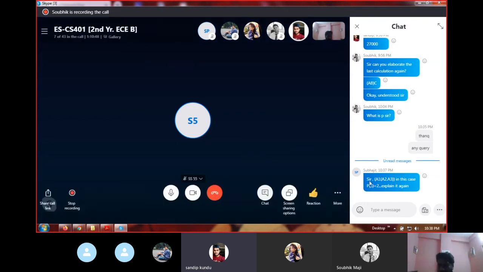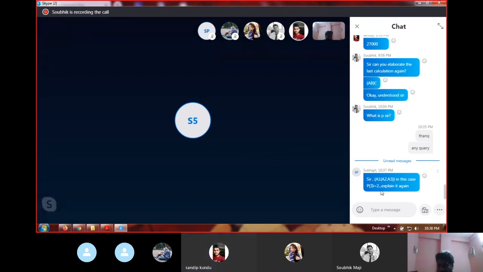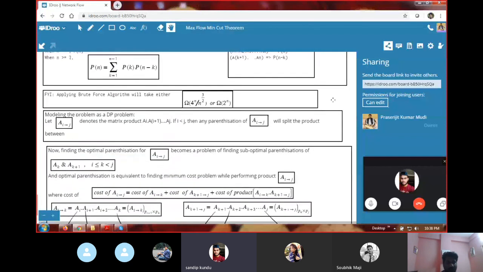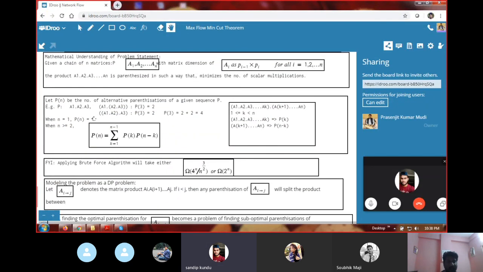Sir, A1, A2, A3 in this case, P3 equal to what? That is very simple. While having three matrices A1, A2, A3, first we compute A2 A3. So one parenthesization we have for A2 A3. Once I get the product A2 A3, that product is multiplied with A1. So total two parentheses are required for this.